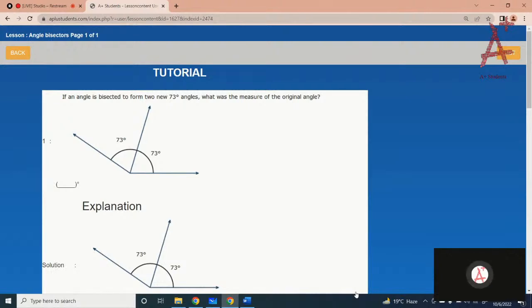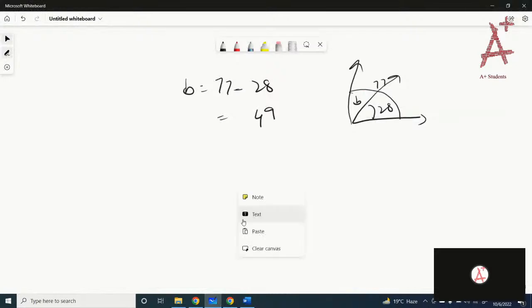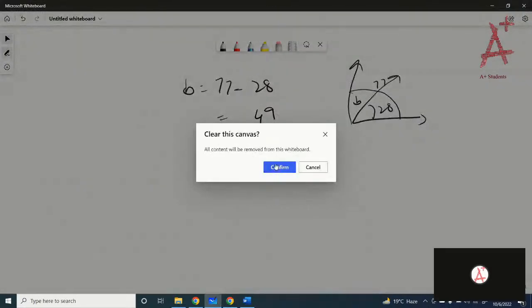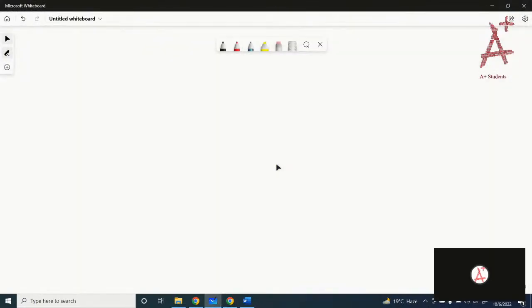The next topic is angle bisectors. Okay, the topic is angle bisectors.